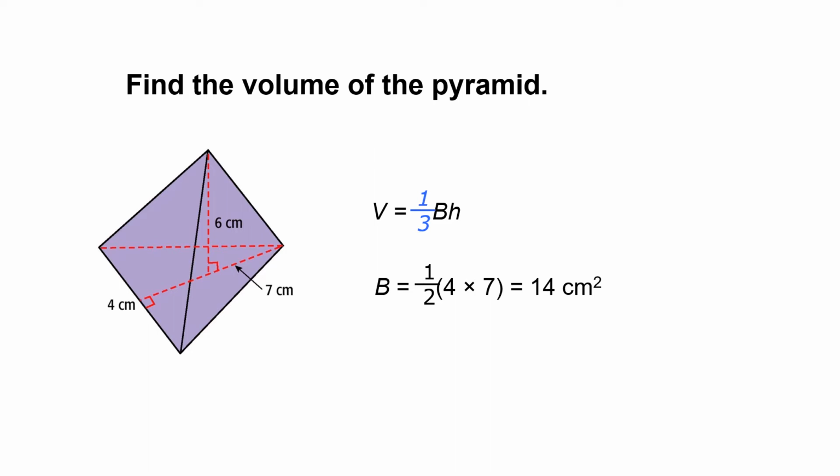So now that we have the area of the base of our pyramid, we can go ahead and find the volume. So the volume of our pyramid equals 1/3 multiplied by 14 multiplied by 6, which gives us 28 cubic centimeters.